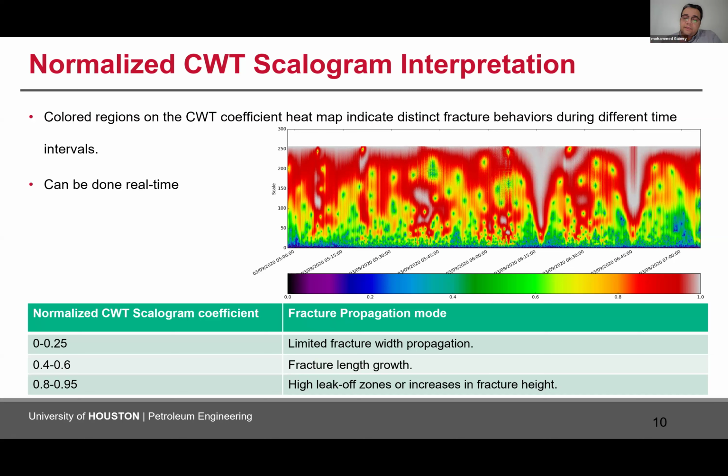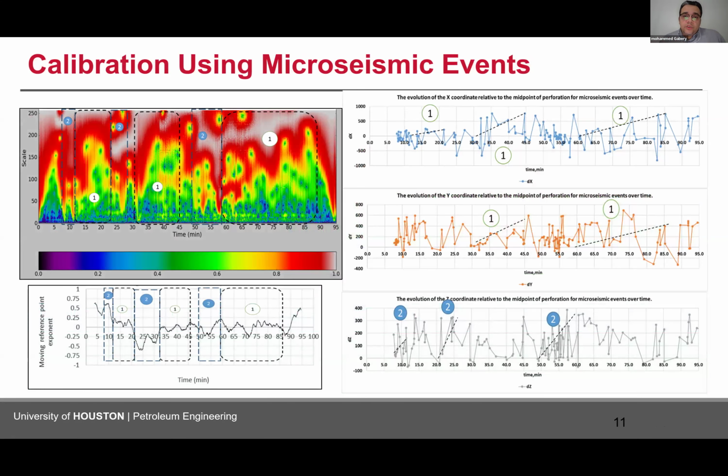Then, as a complex process, as a struggle between two main features, we can get the results magnified in the normalized CWT scalogram. To calibrate this technology, we did a lot of simulation to mark each signature on the scalogram.